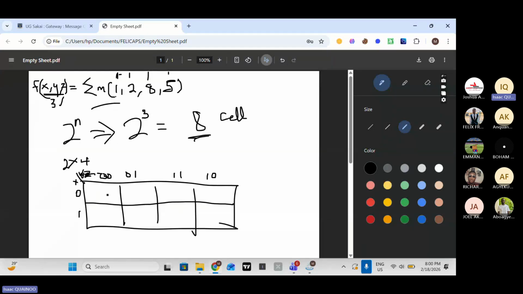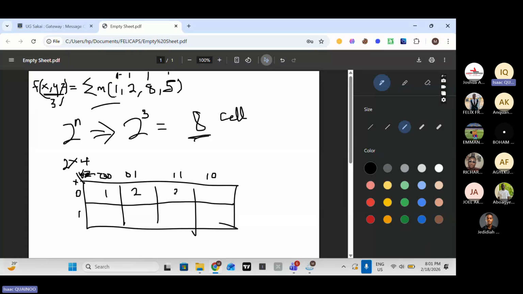So in numbering the cells, let me give you this trick here. Most people might be tempted to say, okay, this cell is cell 1, this cell is cell 2, this cell is cell 3, and so on. Sorry, we always start numbering from 0. So someone will say this is 0, this is 1, this is 2, this is 3, but it does not work like that, okay? Because we said that the fields were numbered using Gray codes, we want to actually represent the cells using the actual binary equivalent.